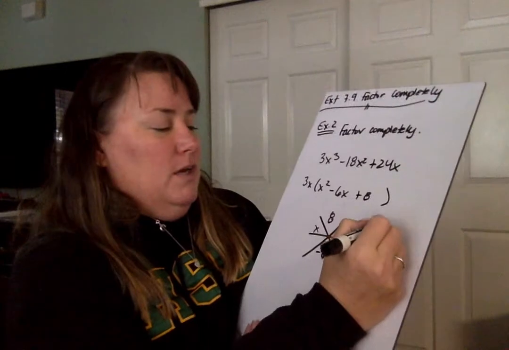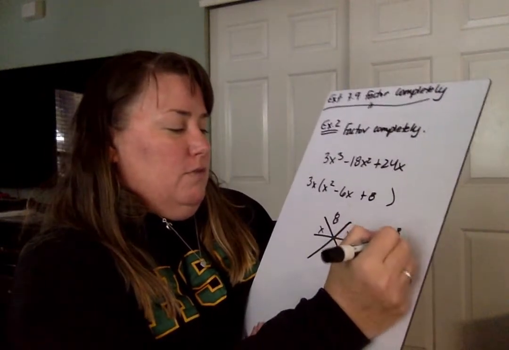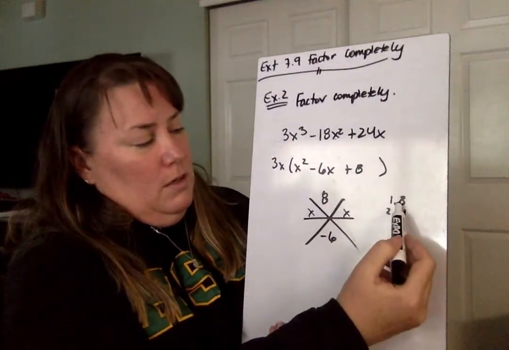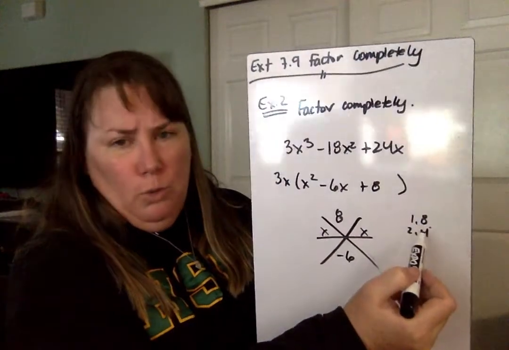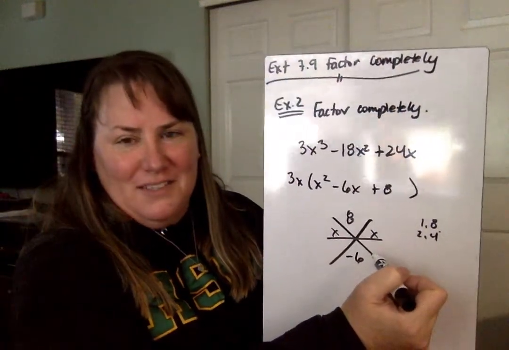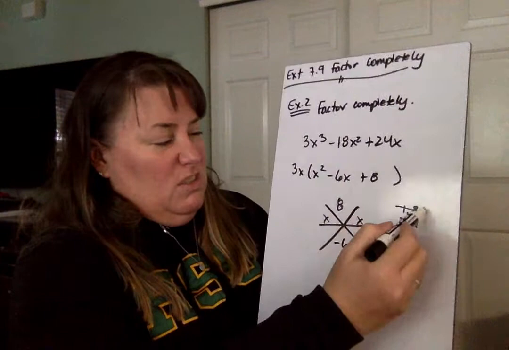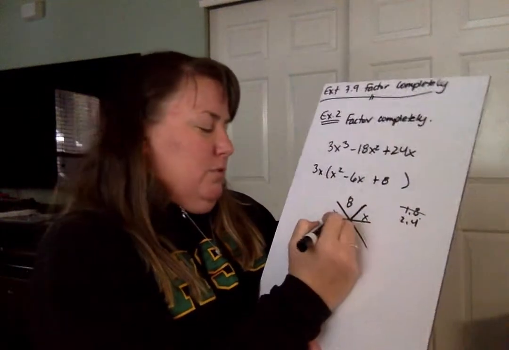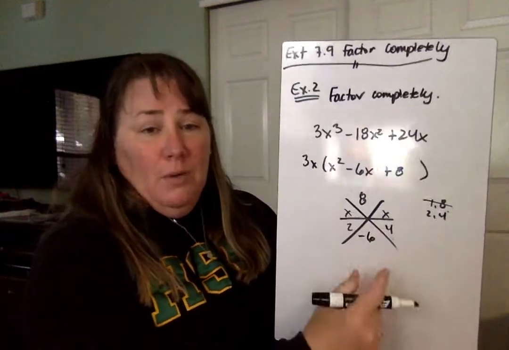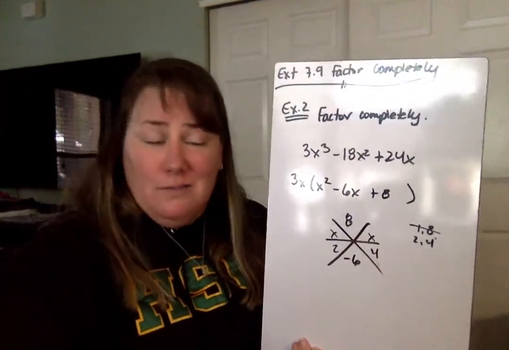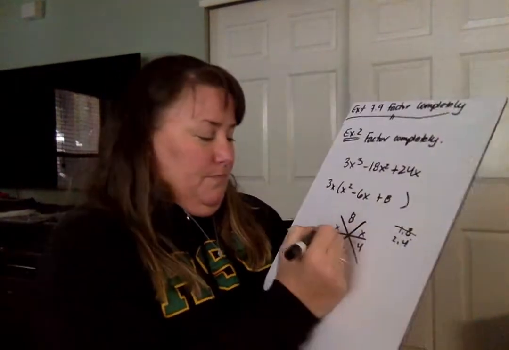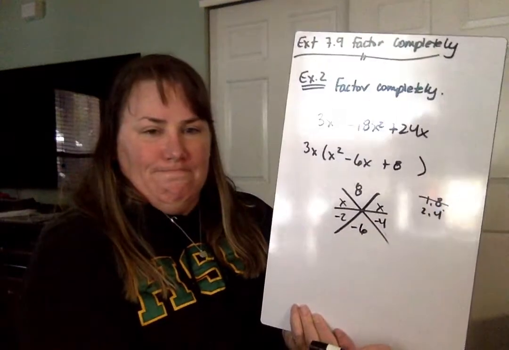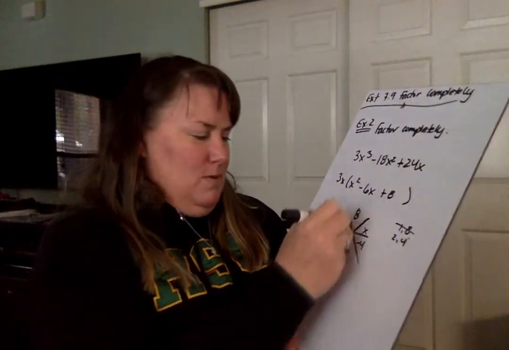So factors of 8, 1 and 8 and 2 and 4. Can any combination of signs of 1 and 8, oops, sorry, get me negative 6? Plus it can get to negative 7. I need negative 6. It's going to be 2 and 4. But remember, I just reminded you guys that both factors have to be negative. Okay?